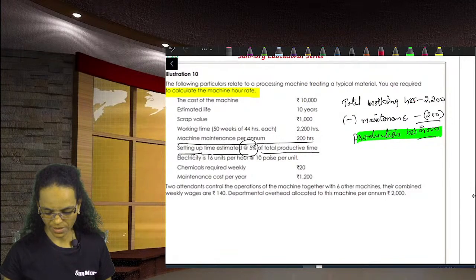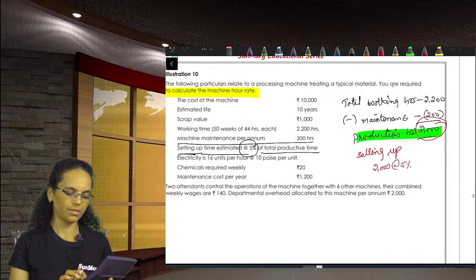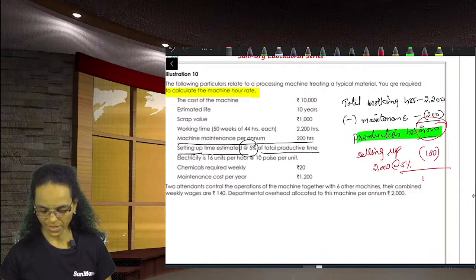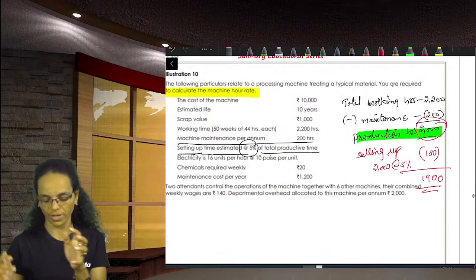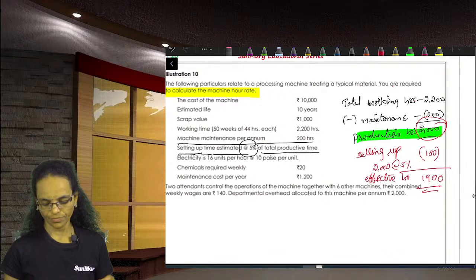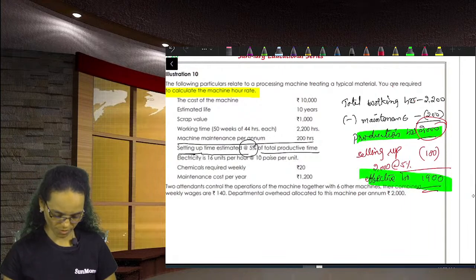So I can say setting up is 5% on this. 2000 into 5% is nothing but 100, means 1900 hours only effectively they are producing the products. Effectively used 1900 hours only. Effective hours. Got it? Okay. We'll go forward.